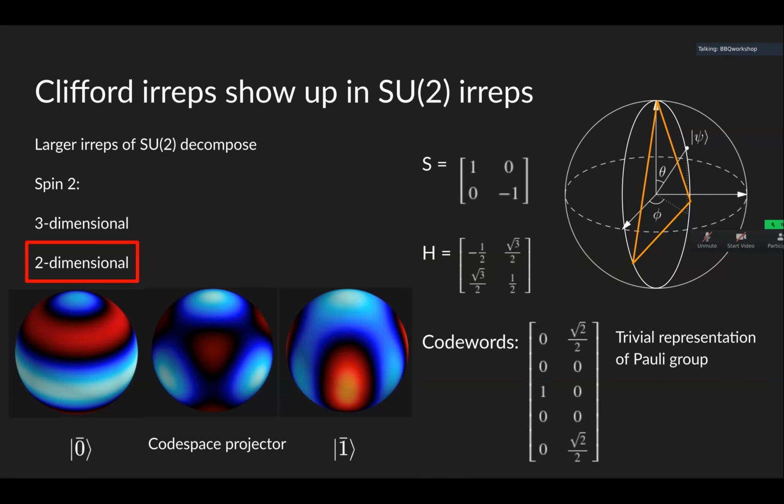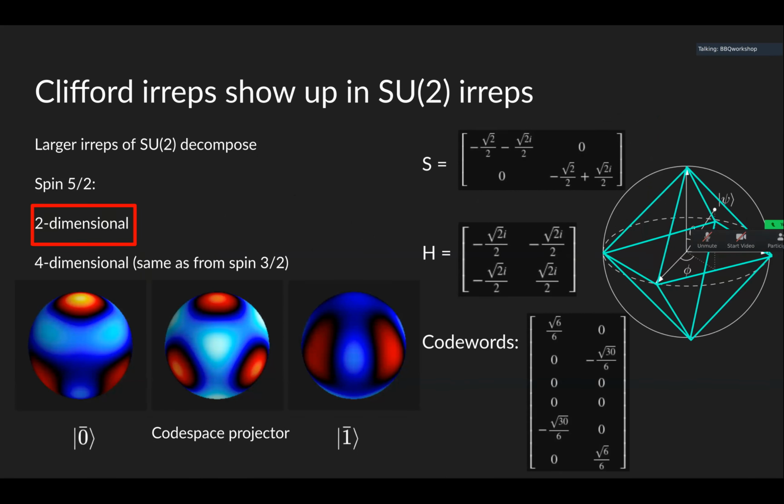This is a set of operations that are the symmetries of a triangle inscribed in one of the great circles of the Bloch sphere. And the cool thing about this array is that if you try and encode your quantum information in this 2-dimensional space, it gives you an error detecting code for free, which is kind of fun.